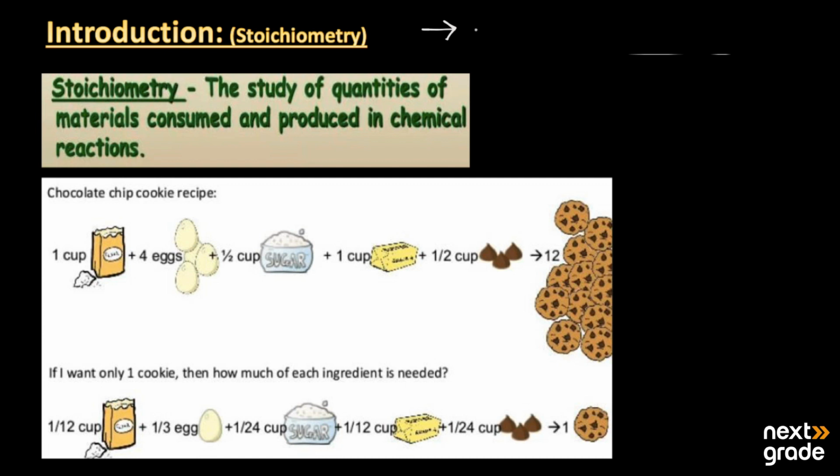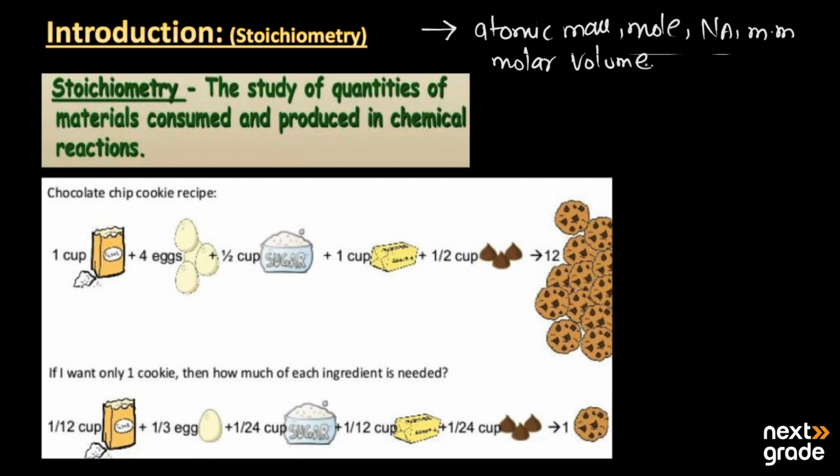If we know about the atomic mass of any substance, the Avogadro's number, the mole, the molecular mass or the formula mass, or the molar volume, all these terms help us understand a chemical equation in a much better way.